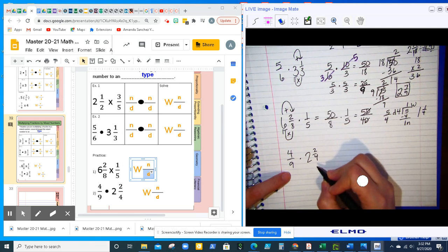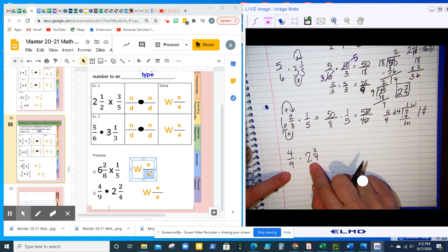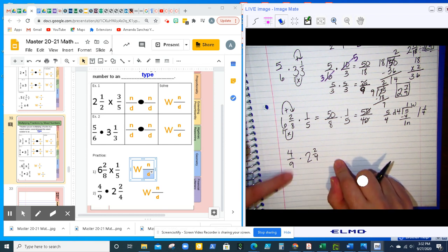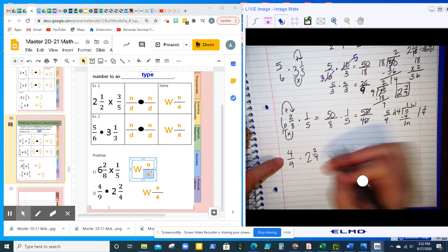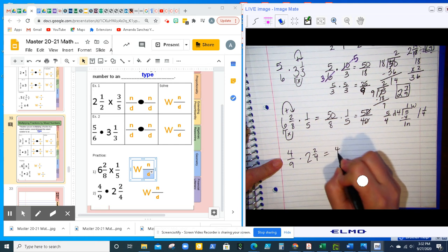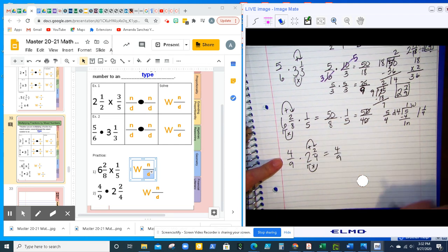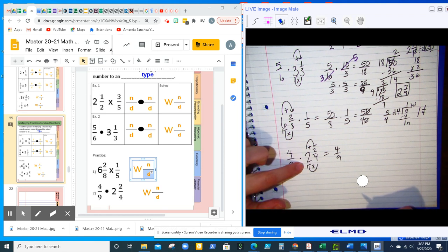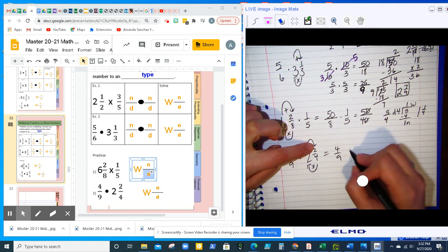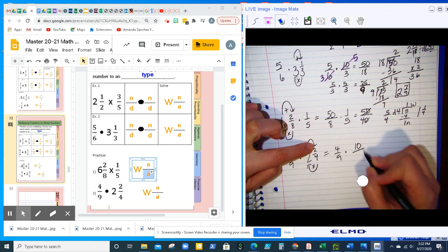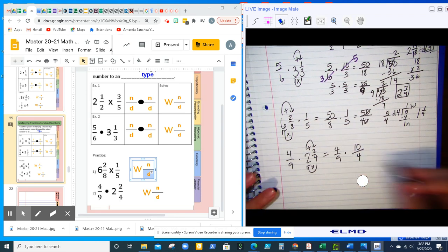Now this one, looking at this, it's greater than 1, so that means my product will be greater than this number. So this would be 4/9. Multiply and add. So 4 times 2 is 8, plus 2 is 10 over 4. Multiply across.